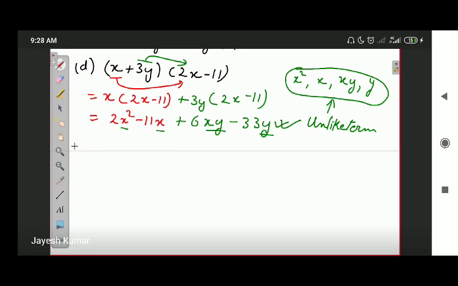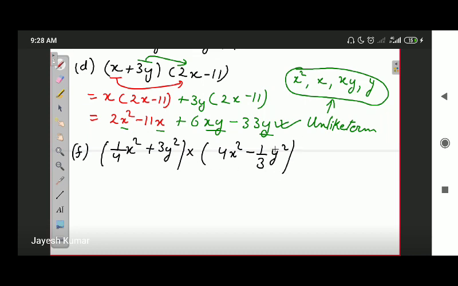After that, F part: we have to multiply 1 upon 4 x square plus 3y square, with 4x square minus 1 upon 3y square.